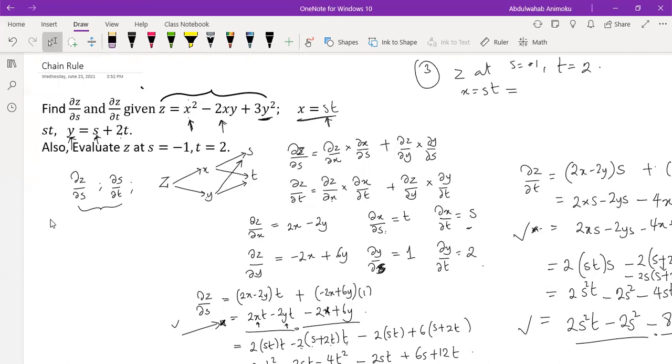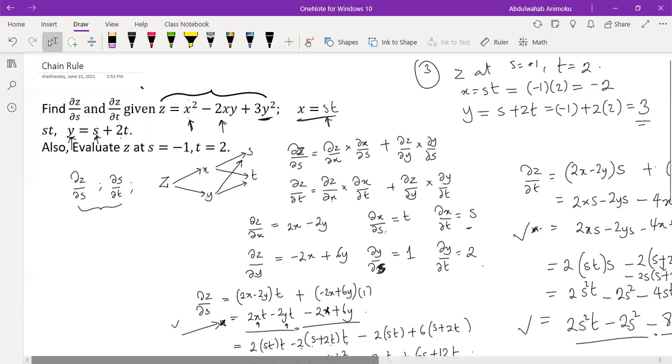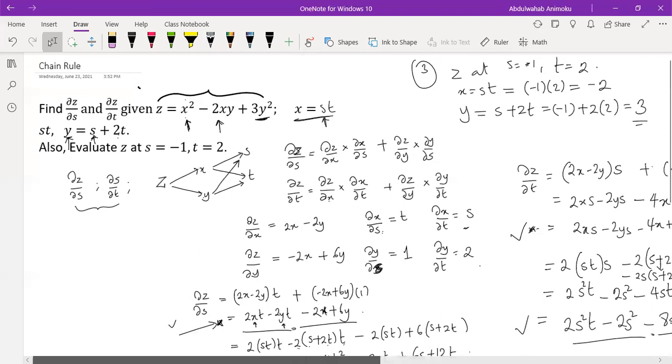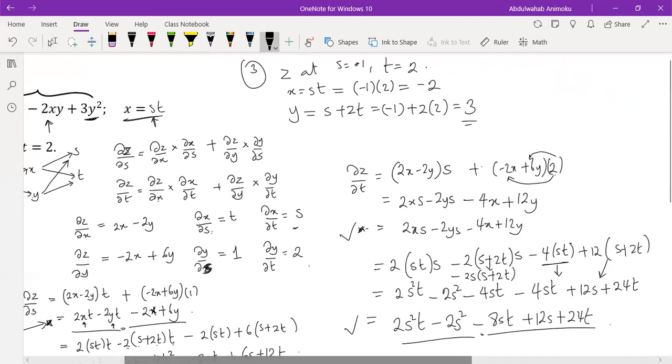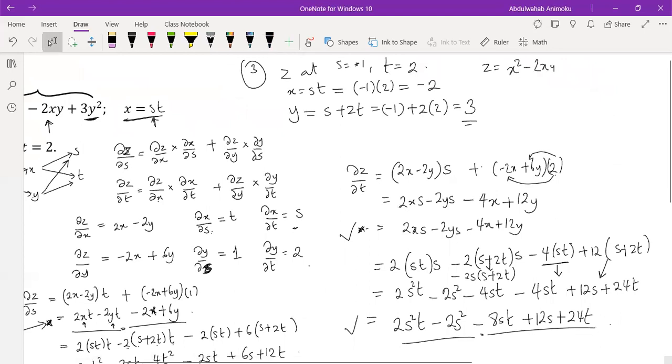So that is -1 times 2, which is -2. That means x is -2. And what is y? Y is s plus 2t, which is -1 plus 2 times 2. So that will give us 4 minus 1, which is 3. Okay, so your x is -2 and your y is 3. Now we need to figure out z, which is x squared minus 2xy plus 3y squared.